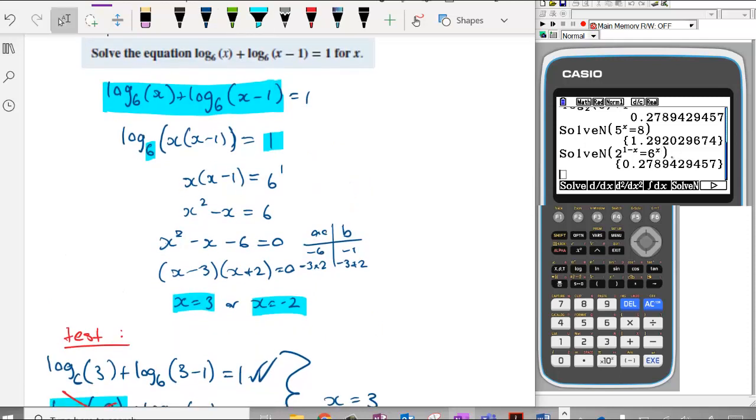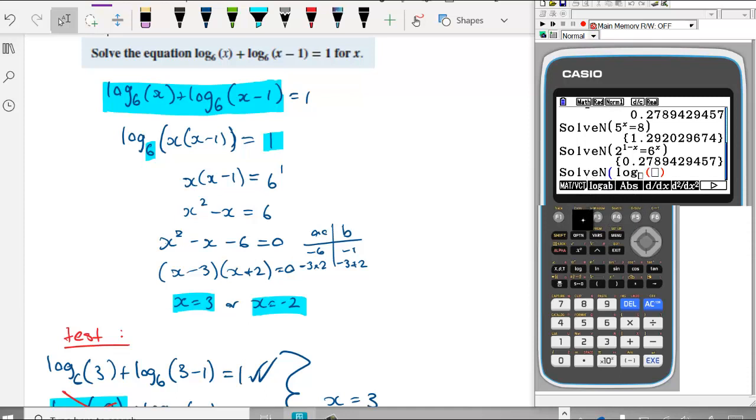Now, if we wanted to test that in our graphics calculator, let's type it on in. So we have solve, and we need to go back and get our math and log.